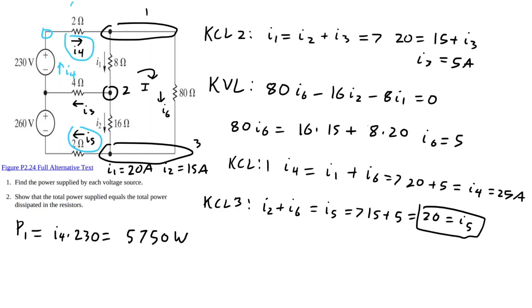Once again, to calculate the other power, we're going to do the same process. So the current flowing through the 260 volt source, come on pen, work please. Okay, I guess my pen, the color one, doesn't work right now. I'll fix that in a minute.